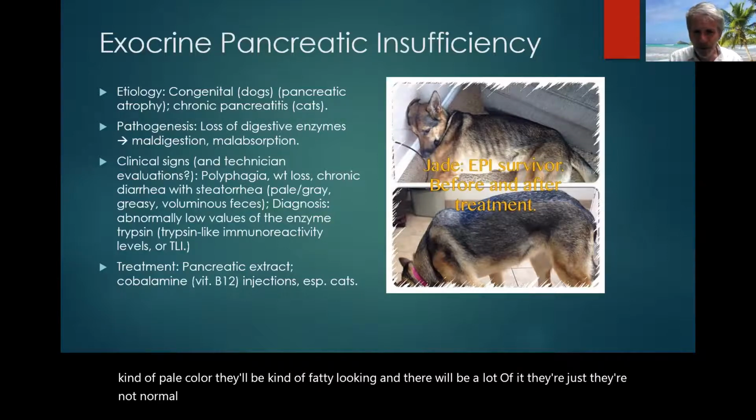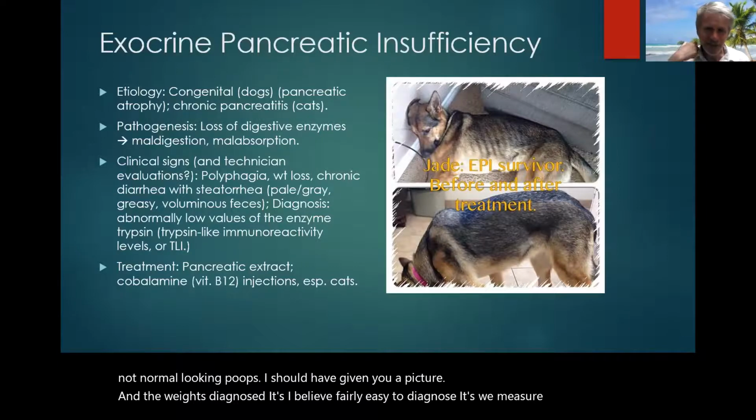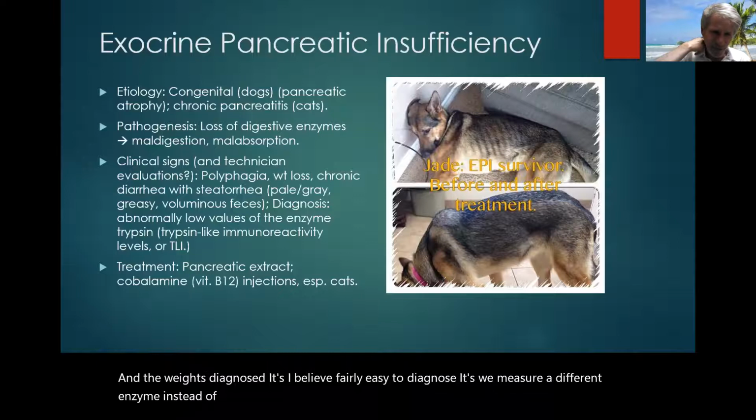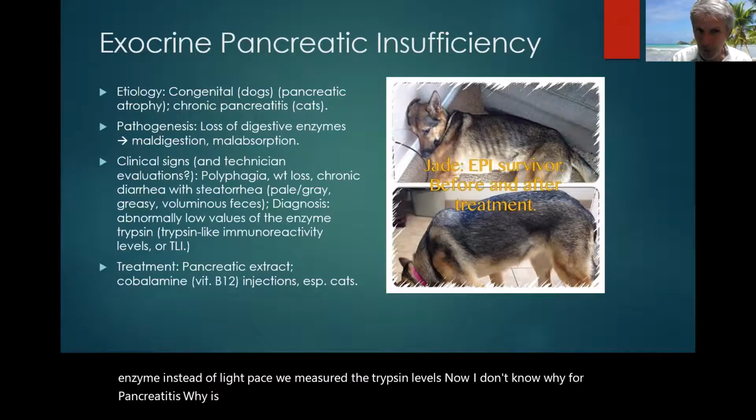I should have given you a picture. And the way it's diagnosed, I believe, is fairly easy. We measure a different enzyme. Instead of lipase, we measure the trypsin levels. Now, I don't know why for pancreatitis it's the lipase test and not the trypsin test.